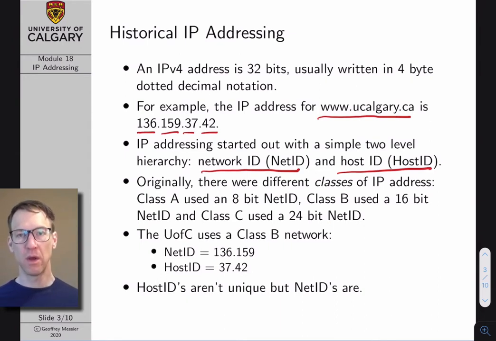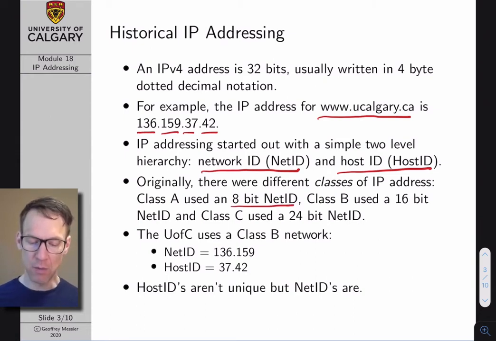And originally, there were 3 types of IP addresses: Class A, Class B, and Class C. Class A had an 8-bit network ID, so the first byte was to identify the network. The remaining 3 bytes indicated the host on that network.